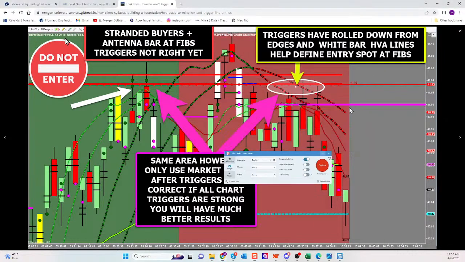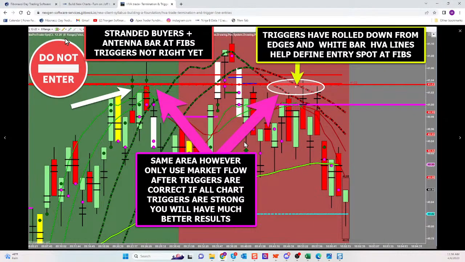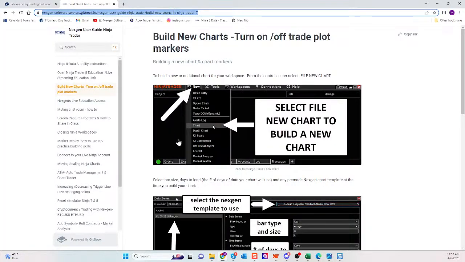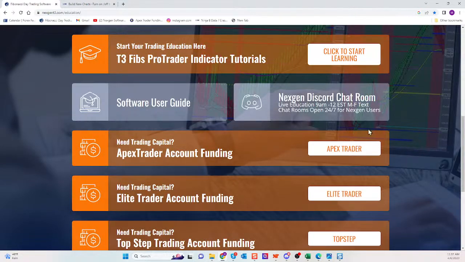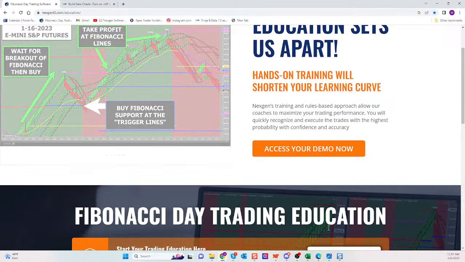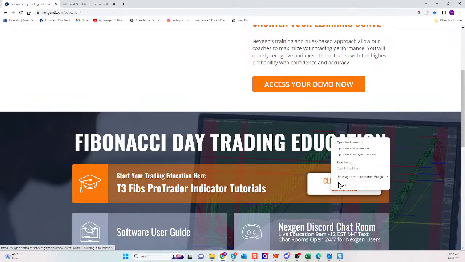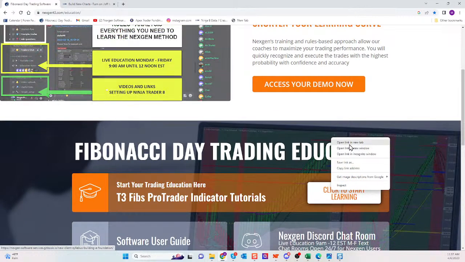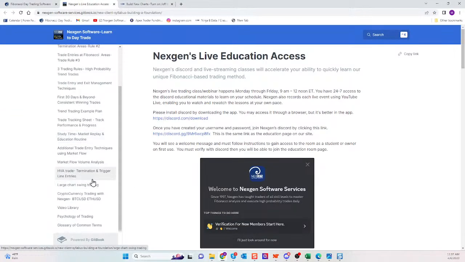So guys, the high volume area is an amazing trade, but you have to be able to recognize termination conditions. You have to be able to recognize trigger lines rolling, and you've got to take the time to identify the area of entry. Not new concepts though, right? Safia, would you agree?